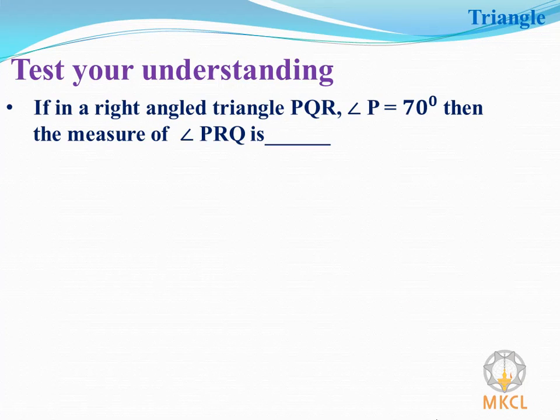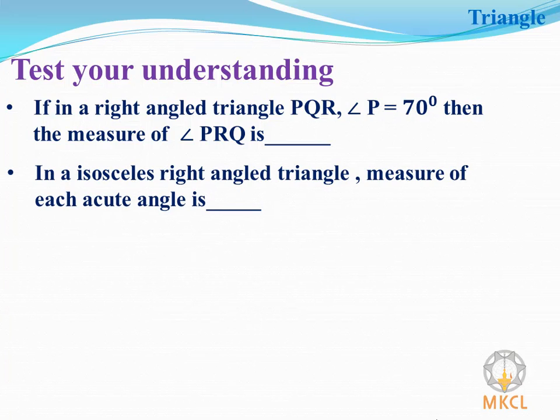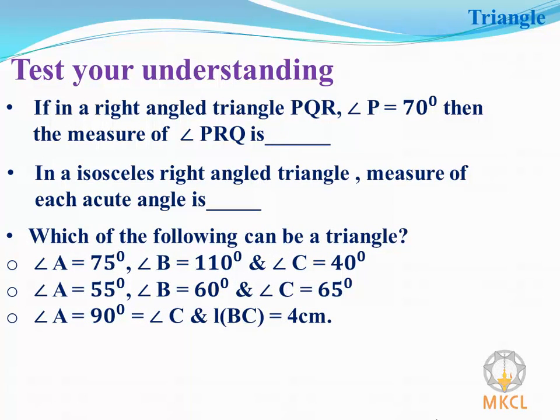Second, in a right angle triangle PQR, angle P is equal to 70 degrees, then the measure of angle PRQ is. Next, in an isosceles right angle triangle, measure of each acute angle is. Which of the following can be a triangle?